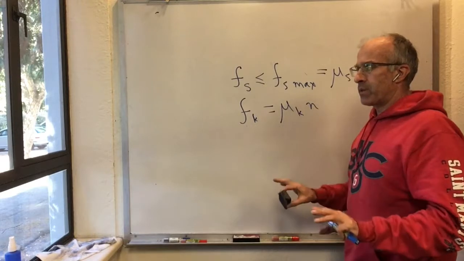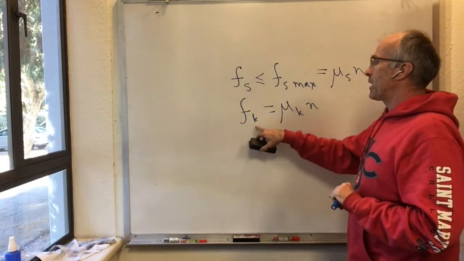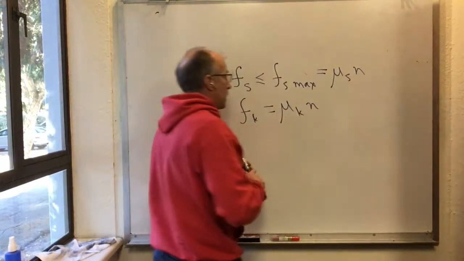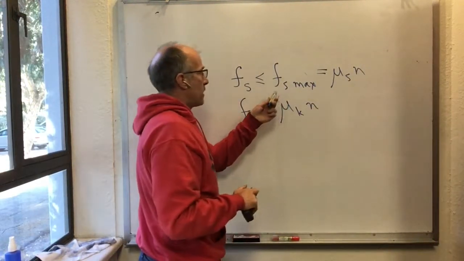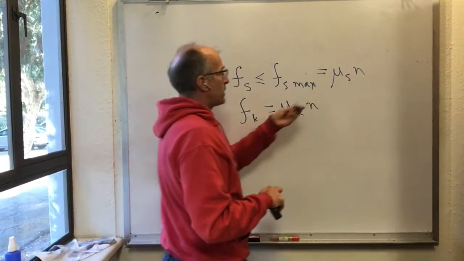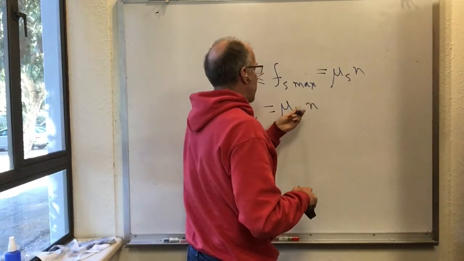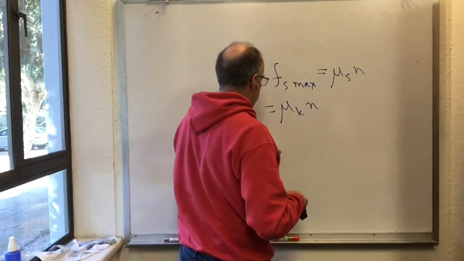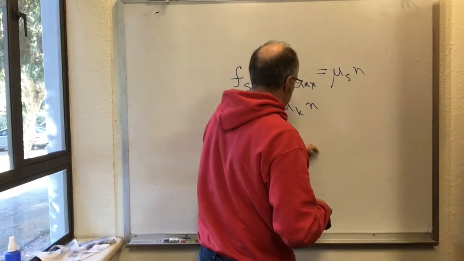That is, when something breaks loose, the kinetic friction is less than what you had just before it breaks loose. Well, that's just saying that this is greater than this, which is saying that mu s n is greater than mu k n.